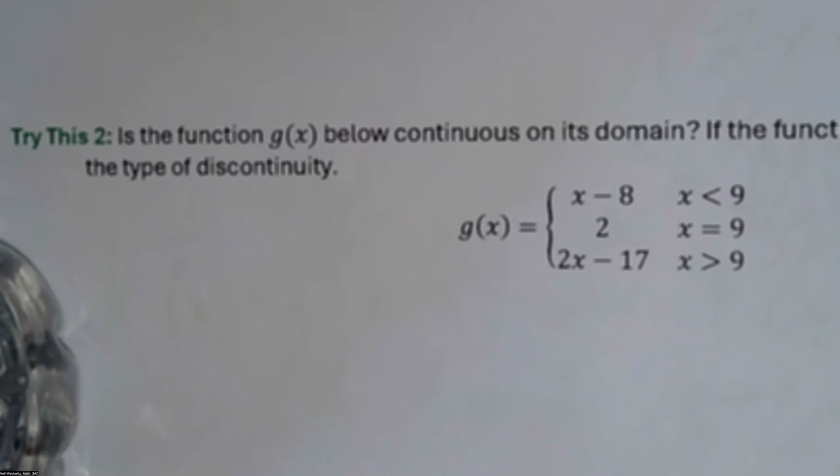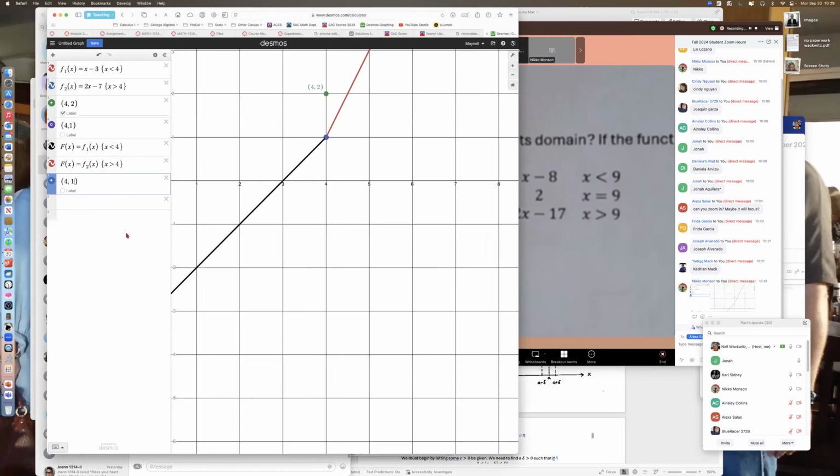How do you guys get the open circle again on Desmos? I use Desmos just for the graphing. I'll show you in just a sec. Do you see the graph?